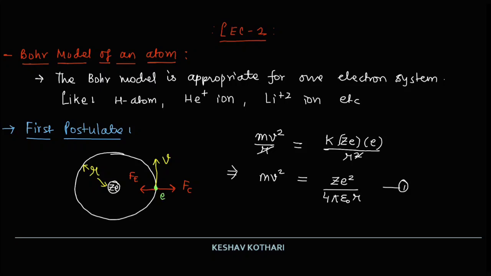Now we are coming to the second postulate of Bohr model. The second postulate states that during the revolution around the nucleus, the orbital angular momentum of electron is an integral multiple of Planck constant divided by 2 pi.